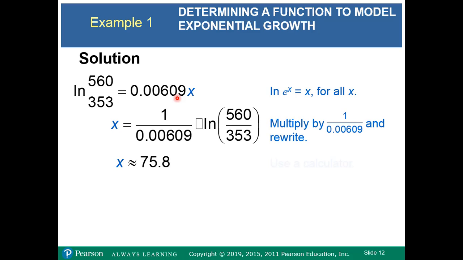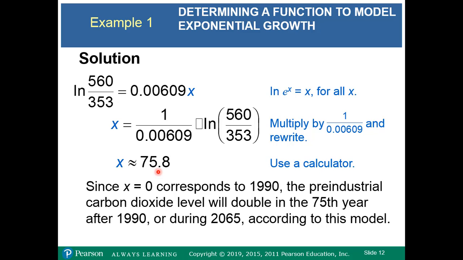And then we get x is equal to this, or approximately 75.8 years. And since 0 corresponds to 1990, we're going to add 75.8 years. So we're going to be in the 75th year after 1990, which puts us during 2065. So that's when we'll hit double.